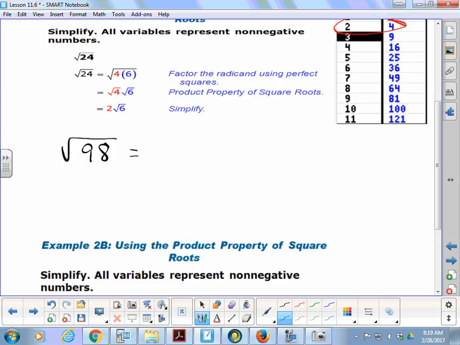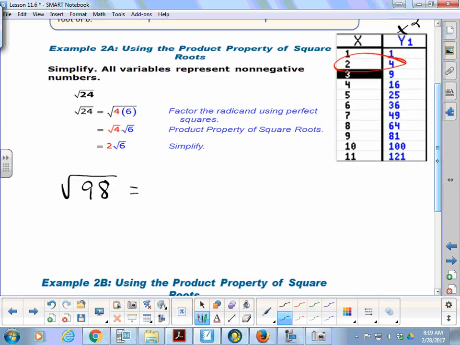So I want to find the largest square that goes into 98. Okay? I could make a factor tree. Right? I don't want to do prime factorization. Prime factorization is one way we could do it, but I prefer to do this without it. It's easier. So we want to find, okay, what's the largest square that goes into 98?